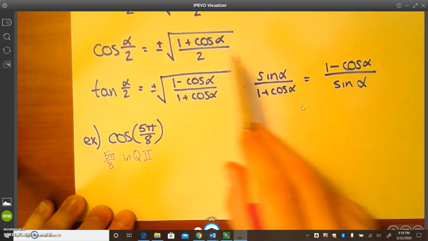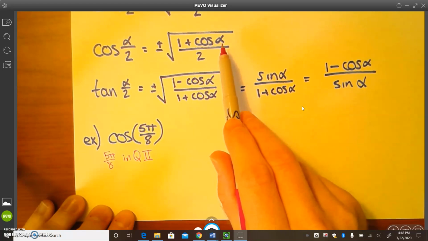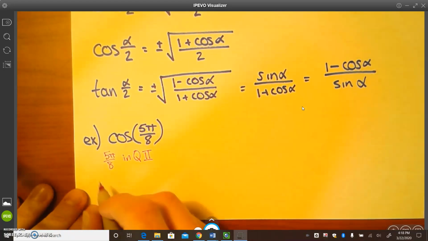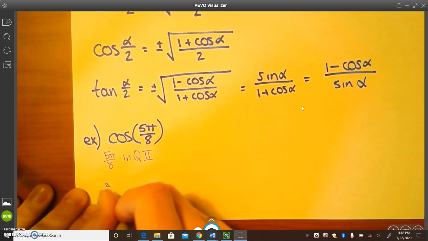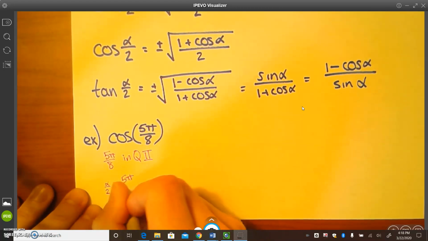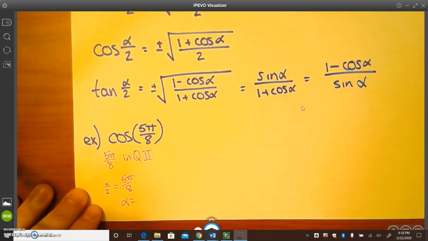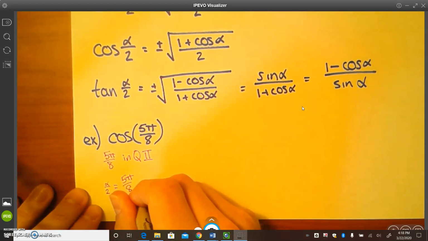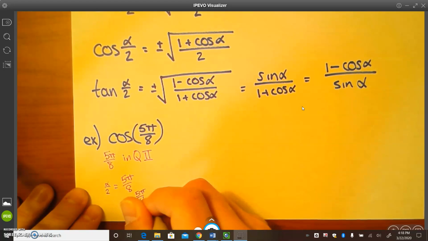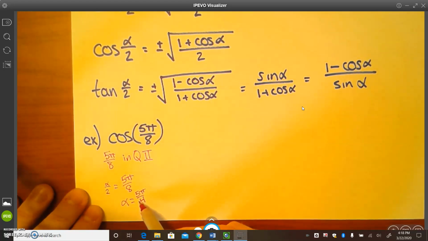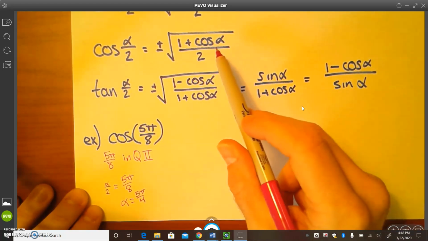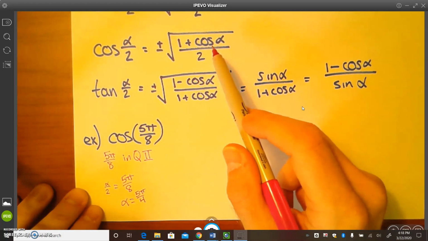Now, further, going back to the formula, this 5 pi over 8 represents half of what alpha is, and alpha is the angle we're actually using in my formula. So if alpha over 2 equals 5 pi over 8, hopefully you recognize alpha is 5 pi over 4. All right, so that's the one we're going to use for our only trig function here.